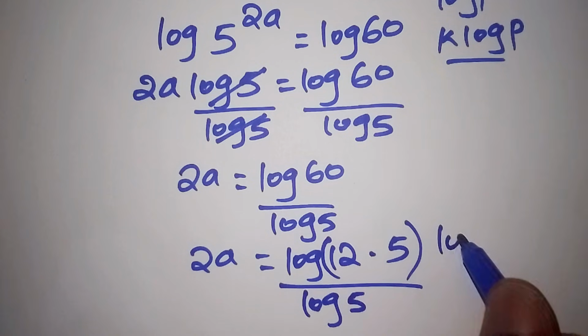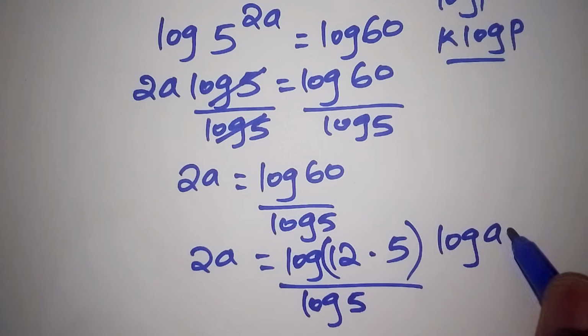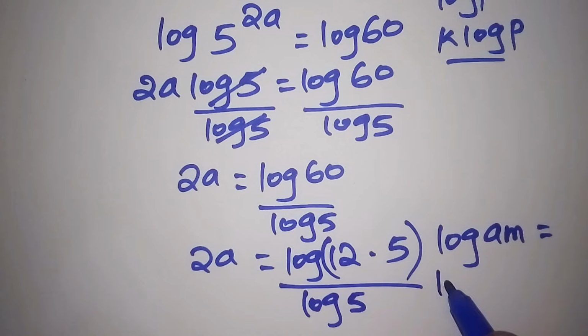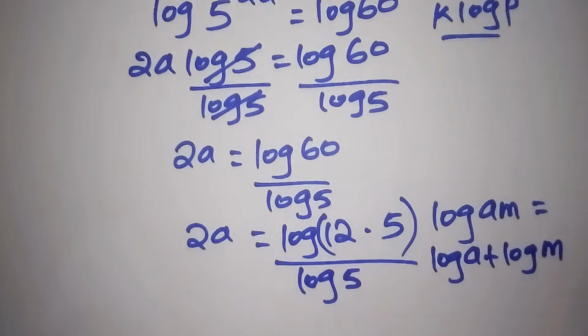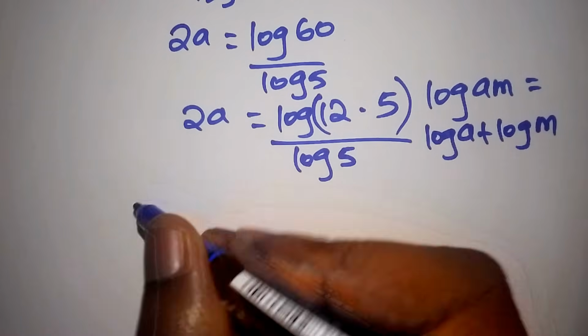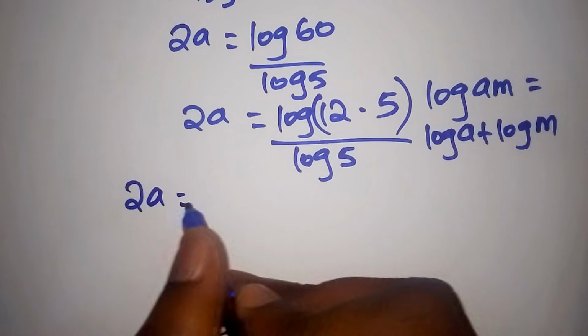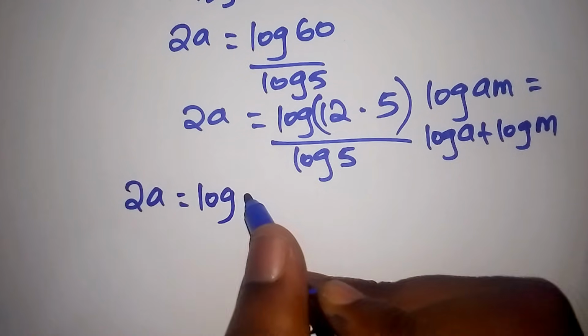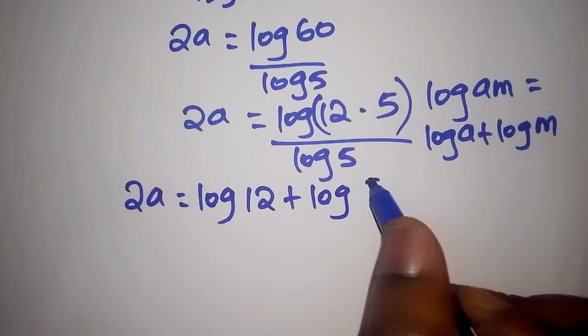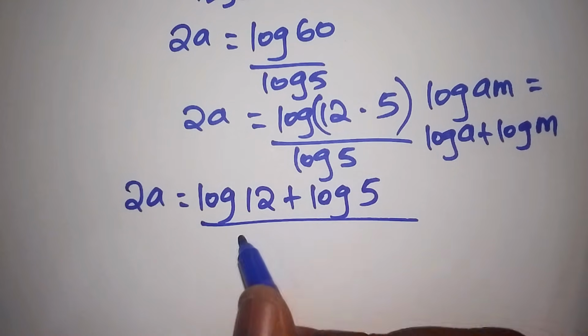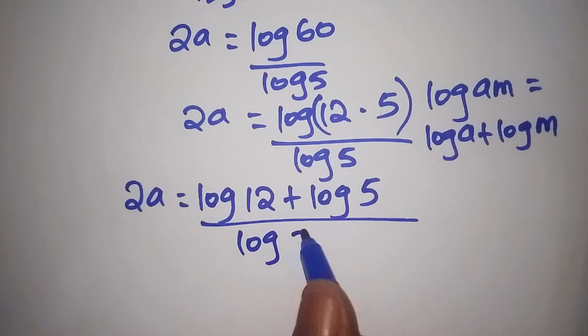Assuming that we have the log of a multiplied by m, according to the law of logarithms this can be written as the log of a plus the log of m. That is to mean that 2a is equal to the log of 12 plus the log of 5, all over our denominator, the log of 5.